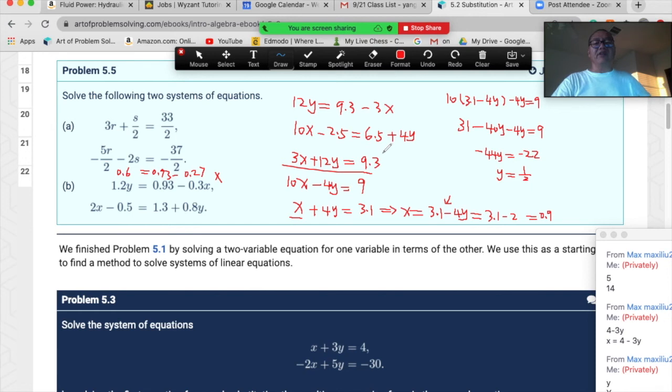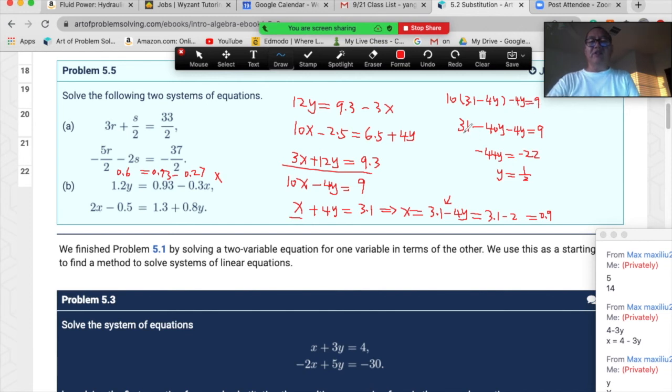That's correct. Then we simplify this one, both sides divided by 3. Got x plus 4y equals 3.1. So then we get x equals 3.1 minus 4y. Then plug back to this equation. We get 10 times (3.1 minus 4y), then minus 4y equals 9.